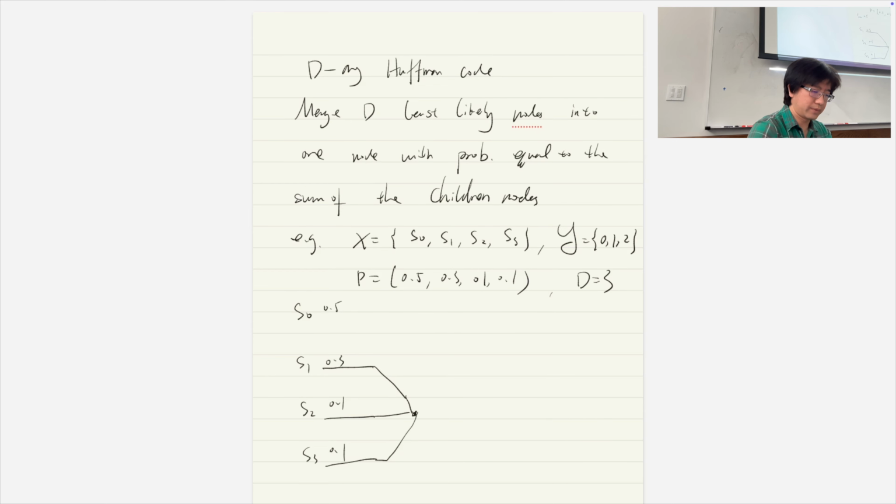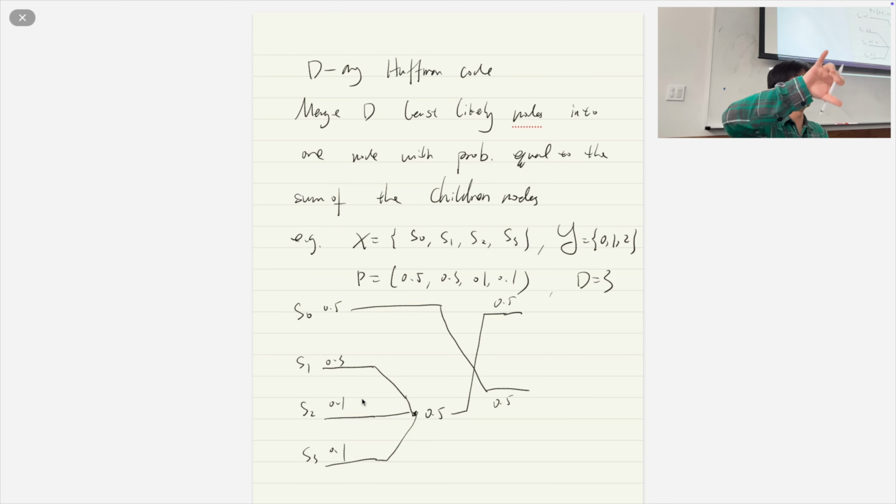We have a new node, so that's 0.5. Let's move it up. Now here is 0.5, here is 0.5. Are we done? Exactly, we missed one. Because for the D-ary code, every time we should combine 3 nodes together.